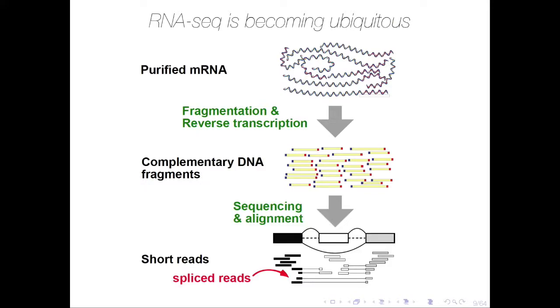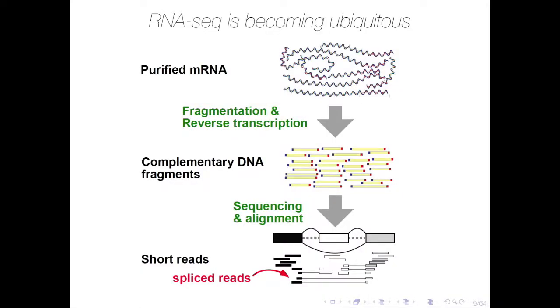We can sequence these fragments, and typically on modern Illumina machines, you might get read lengths of, say, 75 to 100 base pairs. Those resulting short reads, we then need to align to the genome, and I'm showing that just for one small gene with 3 exons here.